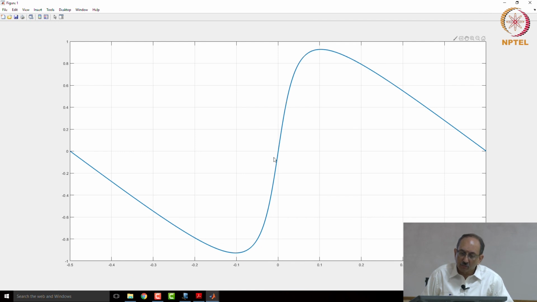At omega equal to 0, or rather f equal to 0, you have the phase response to be 0, and at omega equal to pi, which corresponds to f equal to half, again you have phase response to be 0, and it increases, reaches a maximum and then falls off, and this is for 0.8.